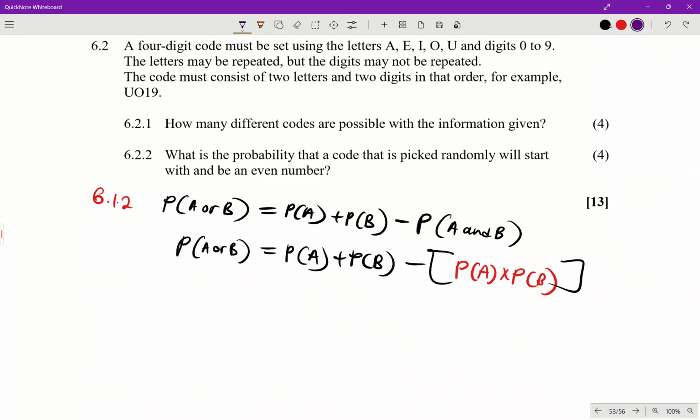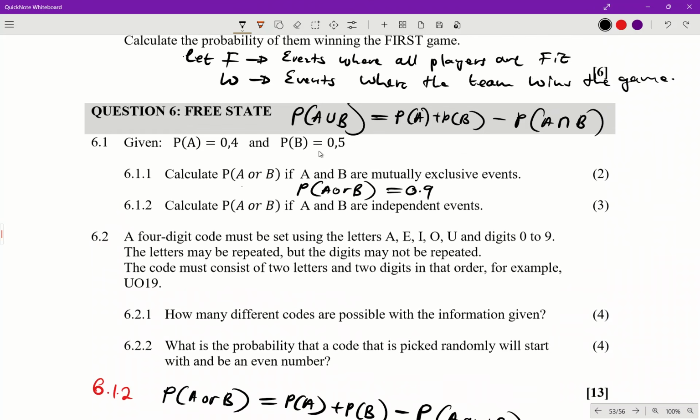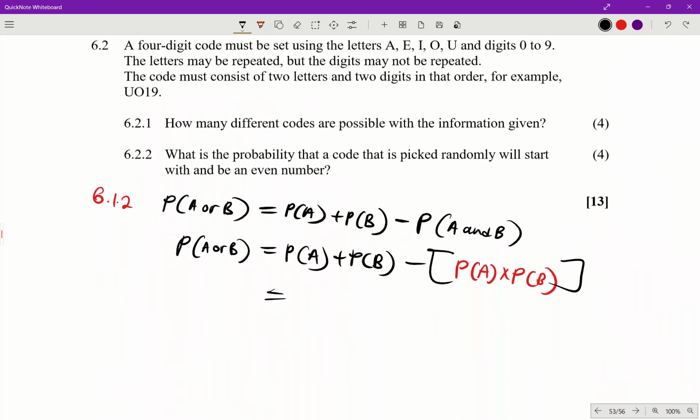Understand? The probability of A you are given and the probability of B you are given. So everything is easy and nothing is hard. So 0.4, 0.5. So 0.4 plus 0.5 minus 0.4 multiplied by 0.5.